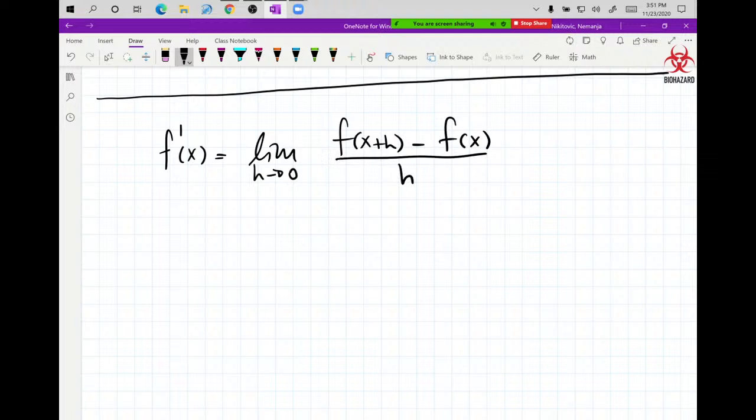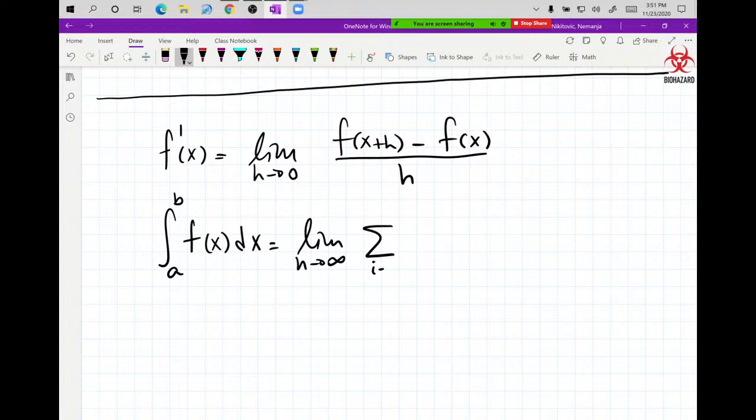So if I write the formula for the derivative, and the formula for the definite integral here using, again, limit n goes to infinity, summation i goes from 1 to n of f of x_i times delta x. So can you guys make comments on this and tell me why derivatives and integrals cancel each other looking at the definitions that they have?